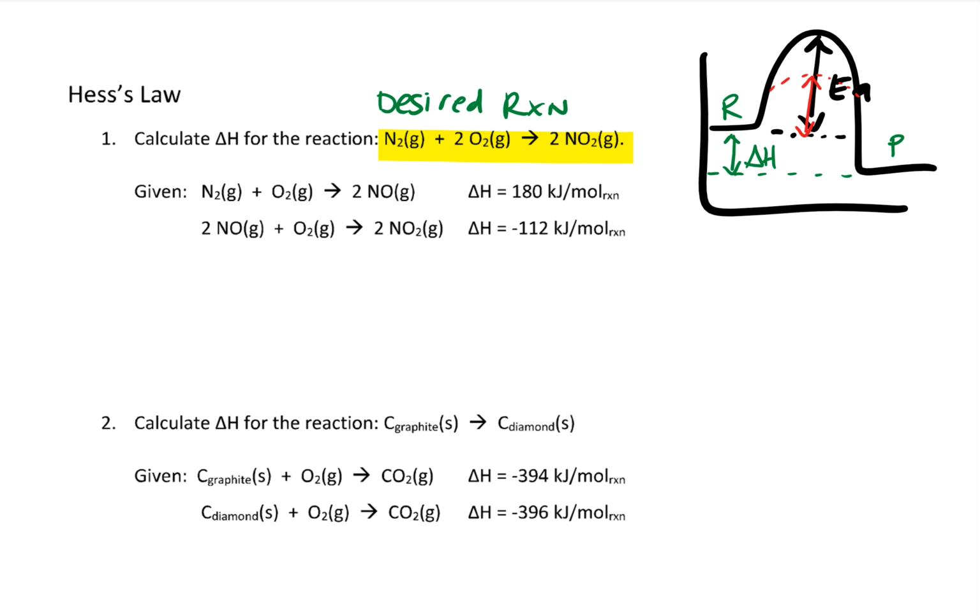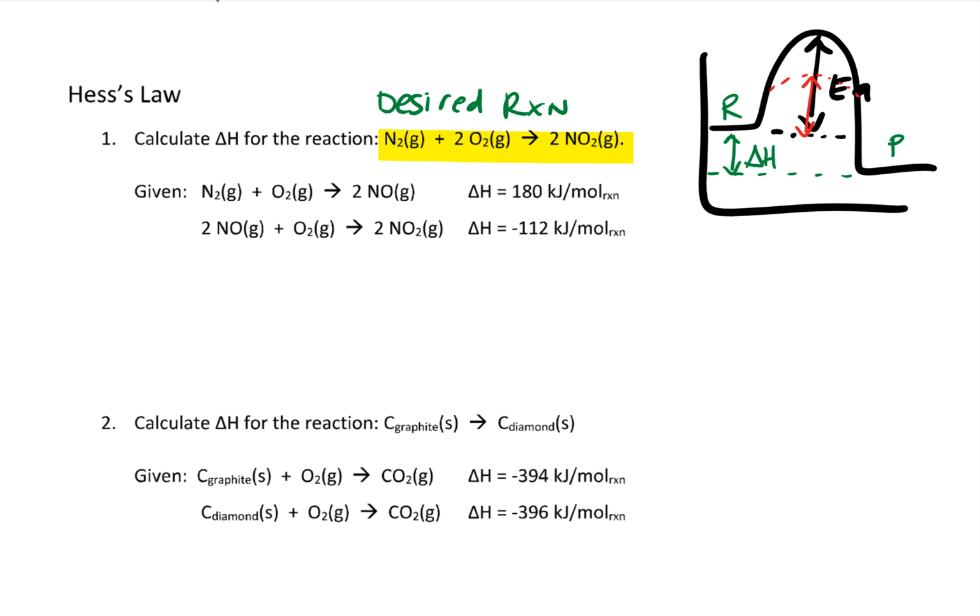So the first thing that I always check for is to make sure I have the correct reactants and the correct products in my desired reaction. So I look here, I have nitrogen on the reactant side as a desired reactant. I look at that first equation, nitrogen is also on the reactant side. That's awesome. I want to leave it that way.